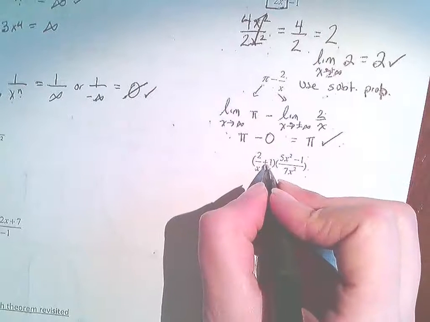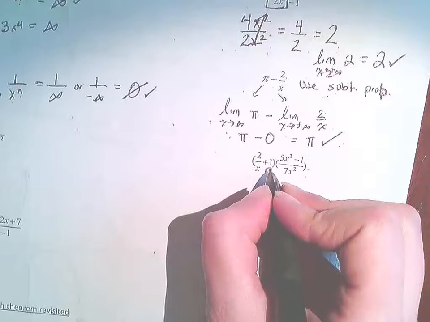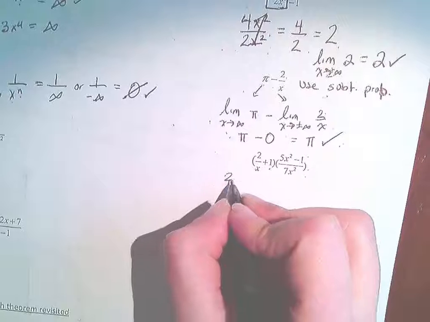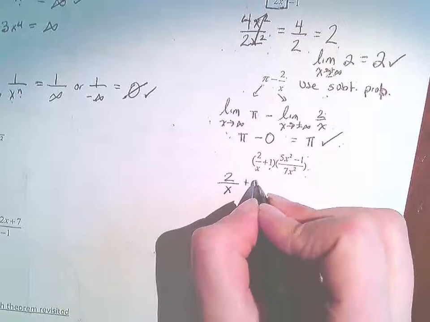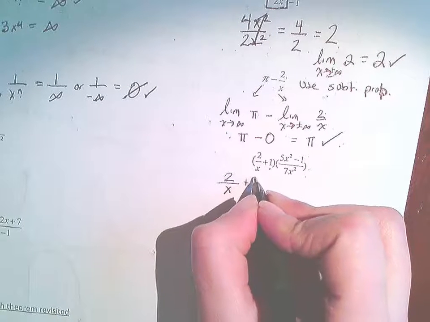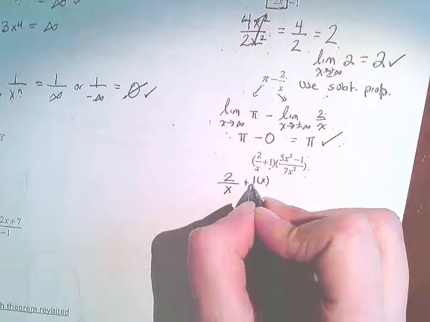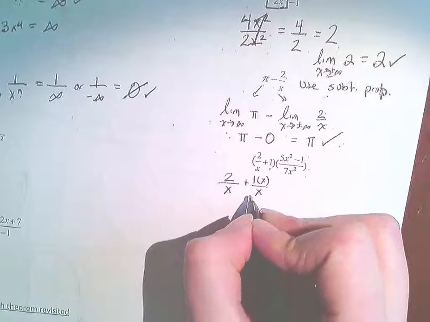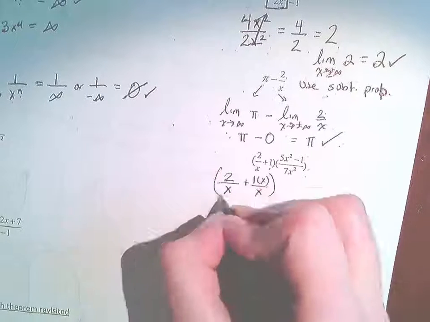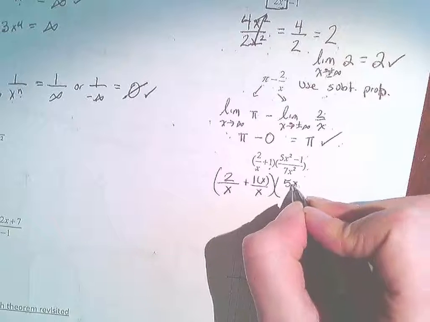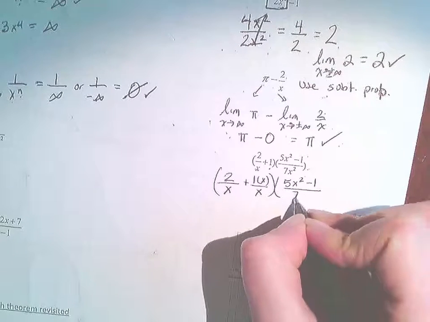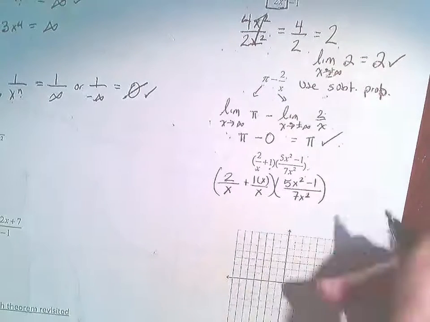So first off, to get a common denominator, this is going to be 2 over x plus 1 times x over x. So I can get a common denominator. And nothing is changing here. So this is 5x squared minus 1 over 7x squared.